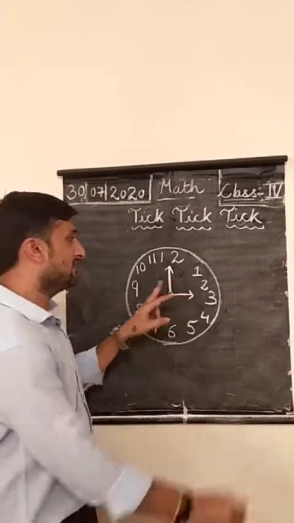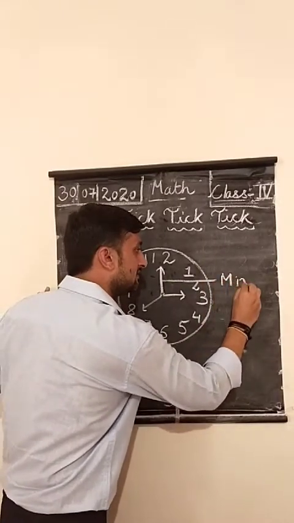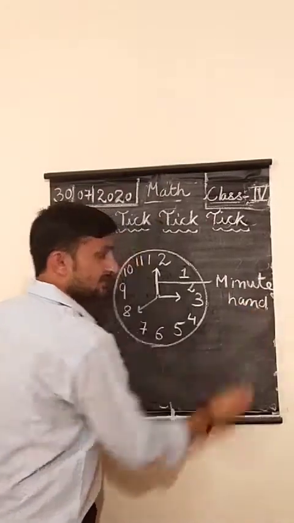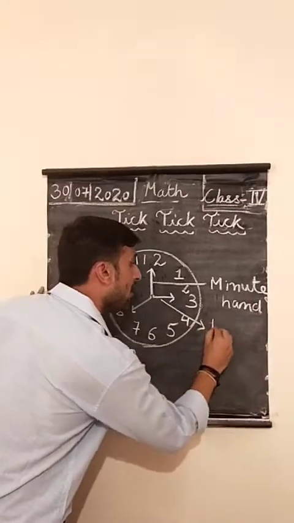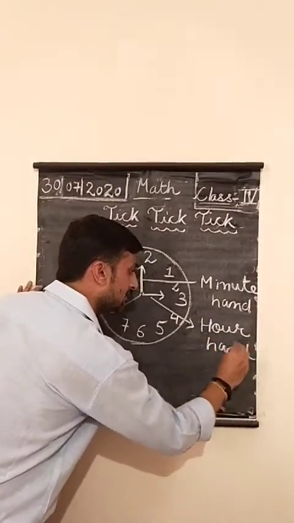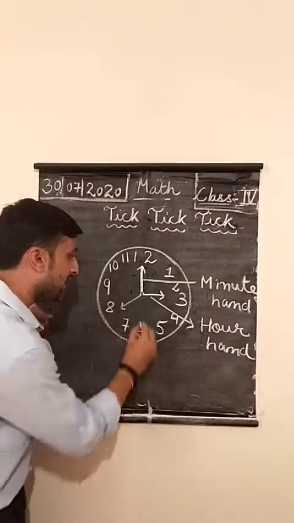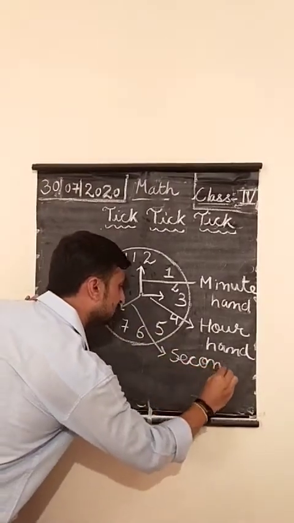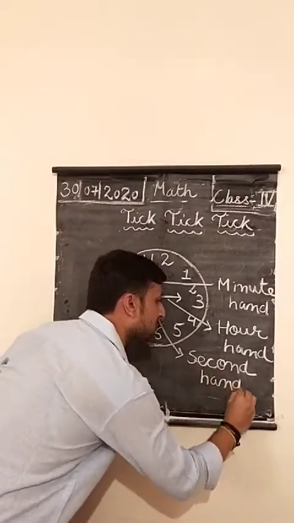The bigger hand is known as the minute hand. The smaller hand is known as the hour hand. Now the thin hand, जो पतला hand होता है, the thin hand is known as the second hand.